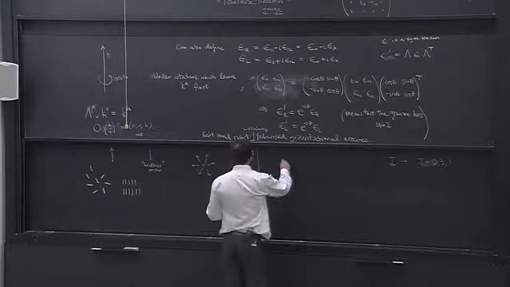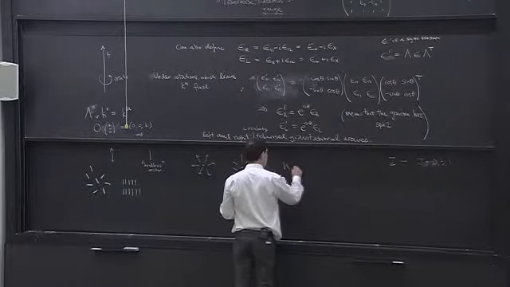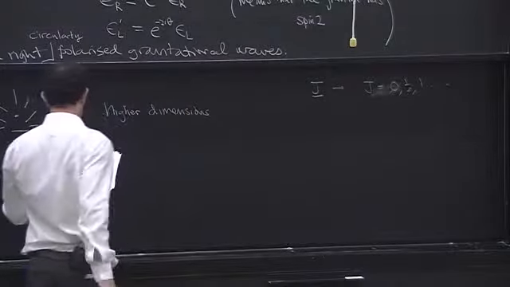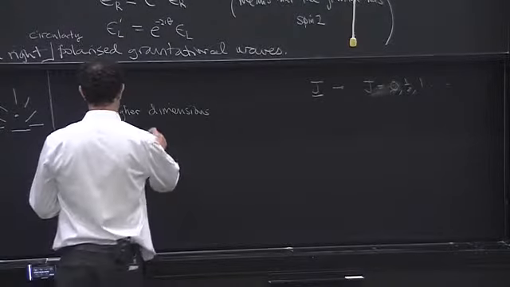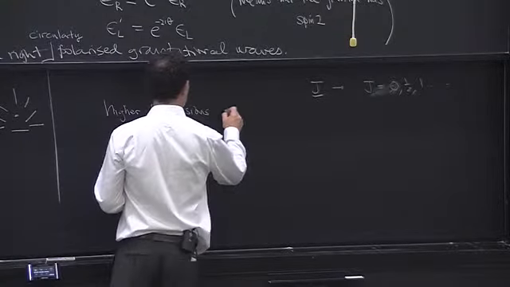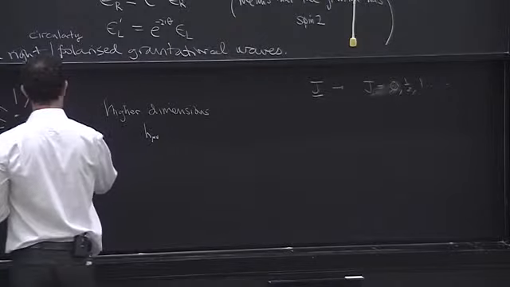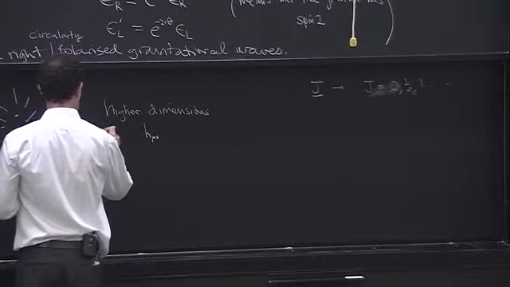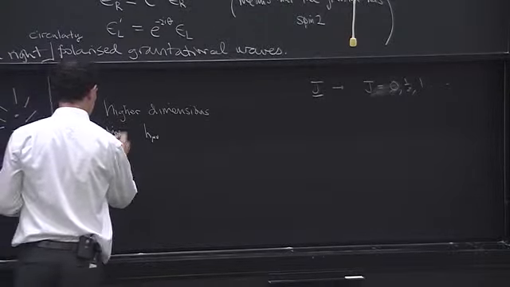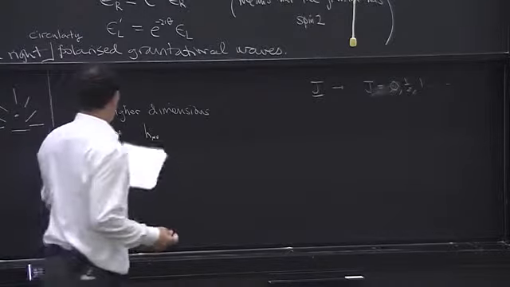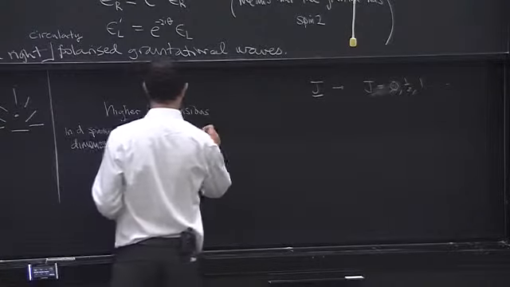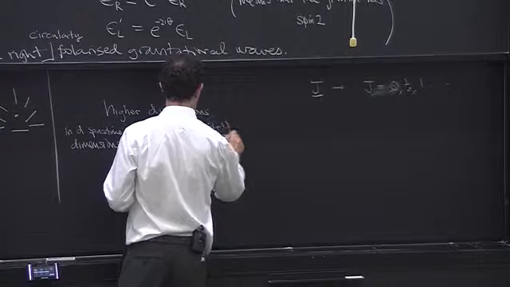Okay, so just for fun, let's think about higher dimensions. In any dimension d, so in d space-time dimensions, H mu nu is a d times d matrix, and so that has d(d+1)/2 components.